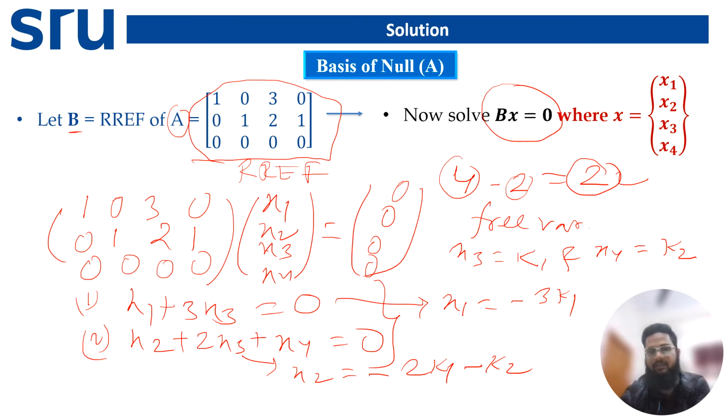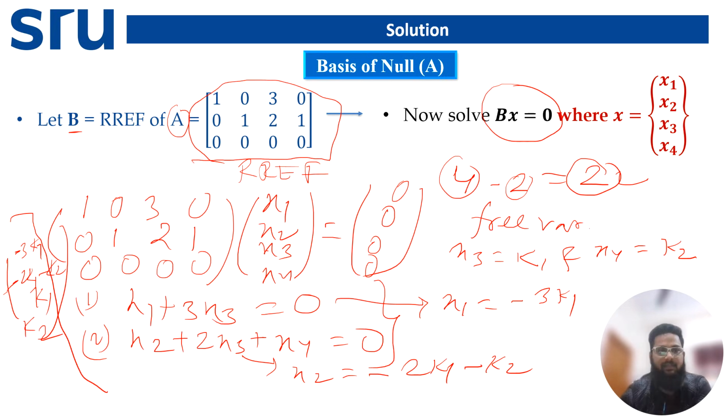So the final solution is x1 is minus 3k1, x2 is minus 2k1 minus k2, x3 is k1, x4 is k2.